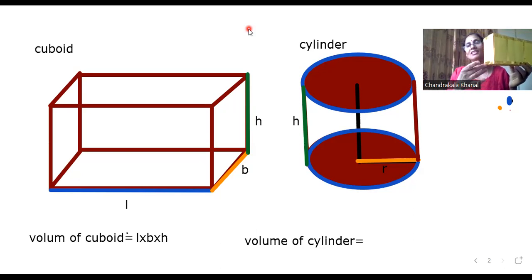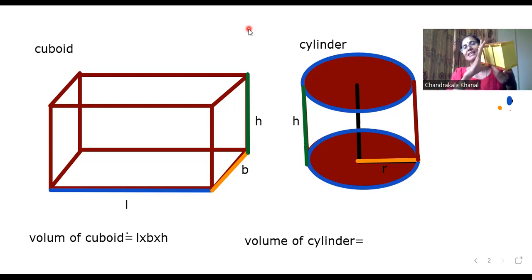And look at this part. This is the breadth of the cuboid. Breadth becomes the radius of the cylinder. And this is height. Height is also the height of the cylinder.